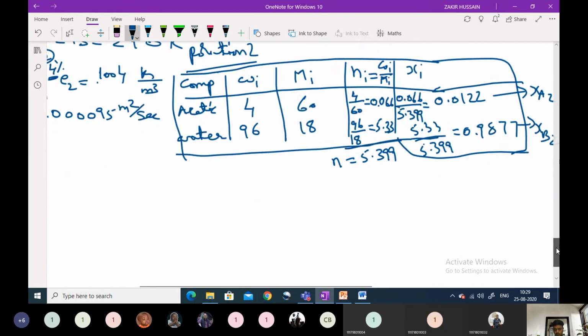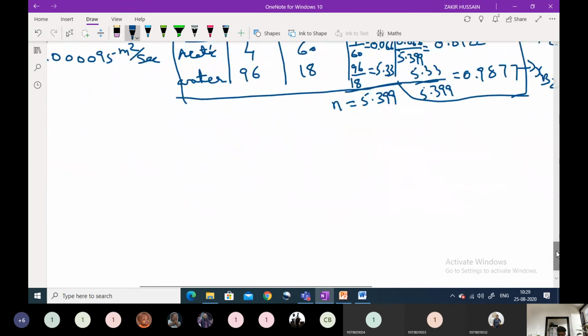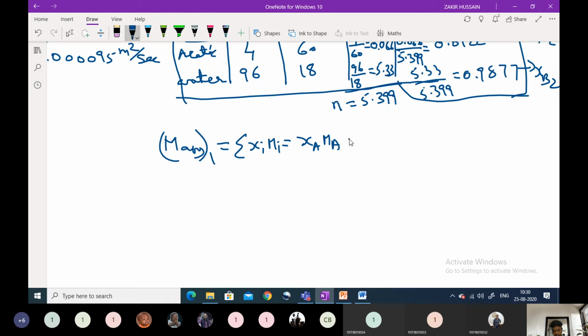So M average at position 1 is equal to sigma xi into Mi, which we already know. So sigma xa Ma, acetic acid, plus xb Mb. Since this is at position 1, we write xa1 Ma1 plus xb1 Mb1. Both are molecular weights, and at position 2 they are the same.